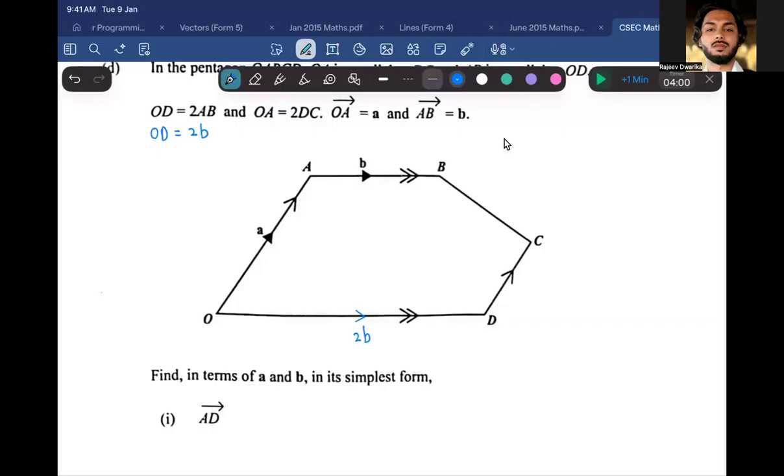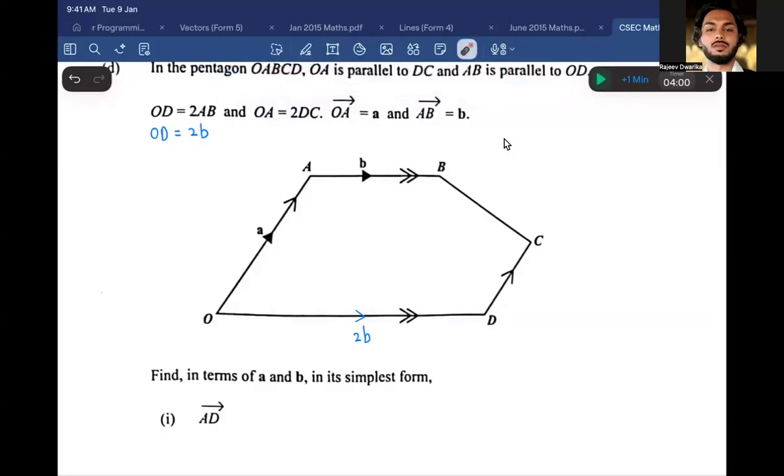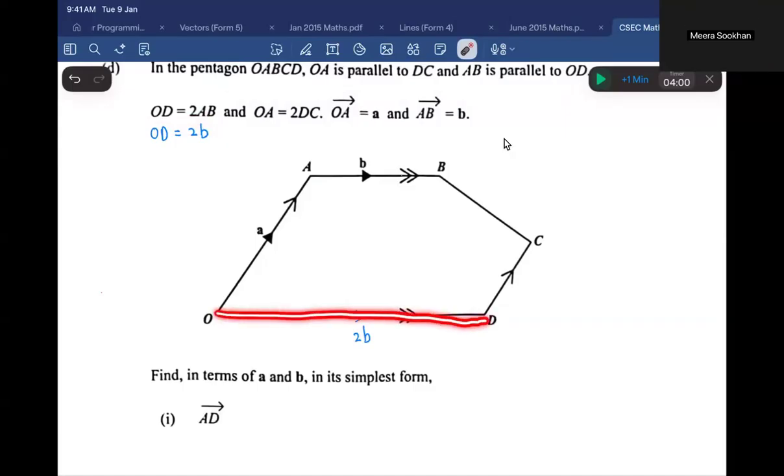Right. So Mira, they're saying that OD is what? 2AB. Okay. Look at the actual diagram. This is O to D, right? And this is AB.